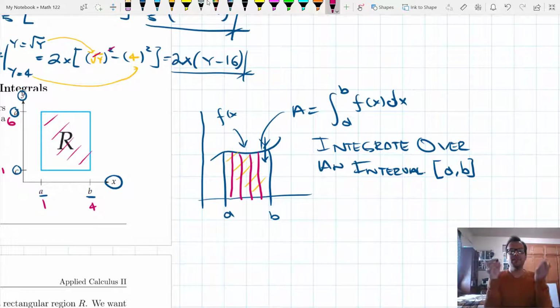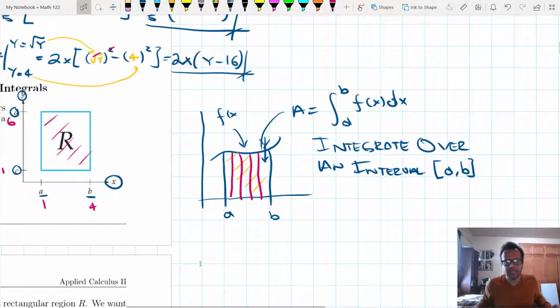However, if we partition that region into, let's say, 5 rectangles, remember there was room for finding inaccurate area, because some of the area was left out. So the idea was to increase the number of rectangles. When we increase the number of rectangles, we get a more refined area.